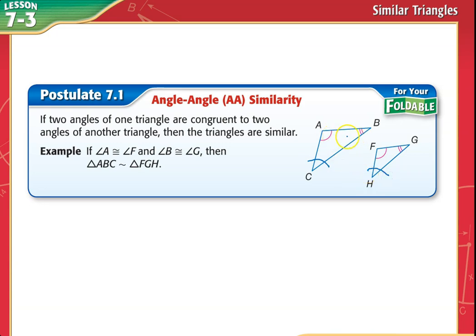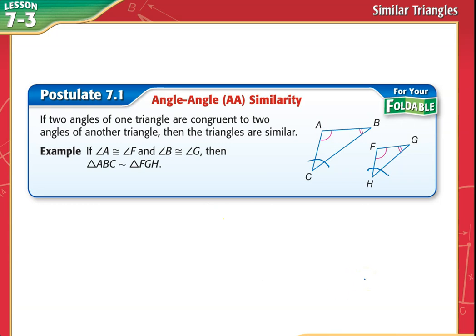We only need two angles to be congruent to make the two triangles similar. When we say similar, we don't mean congruent, because remember, there is also a scale factor that could be involved. So if angle A is congruent to angle F, and angle B is congruent to angle G, then the two triangles ABC and FGH are similar.